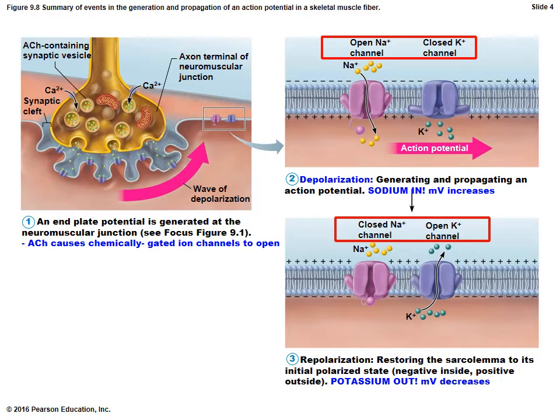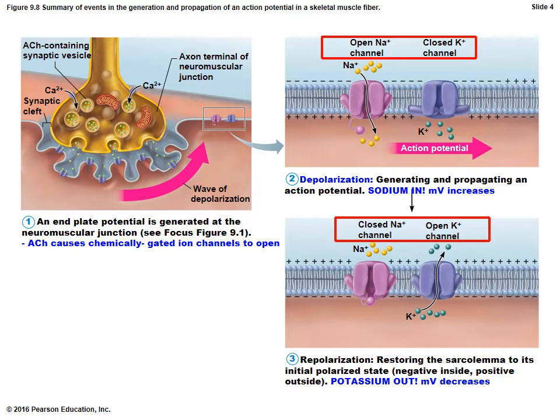As you can see in picture 2, at the same time that the sodium channels are open, the potassium channels are closed. So it's the influx of sodium that causes you to depolarize and increase your membrane voltage, increase your excitability. We will also discuss that eventually you will have to switch over to repolarization, and repolarization involves the closing of the sodium channels and the opening of the potassium channels.